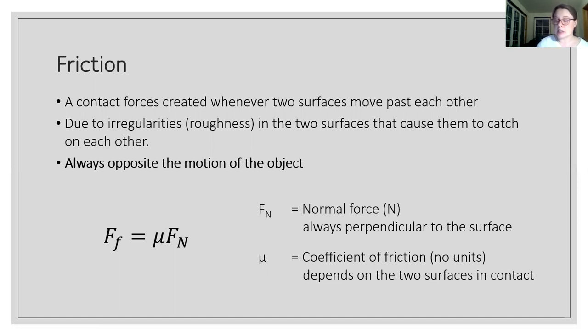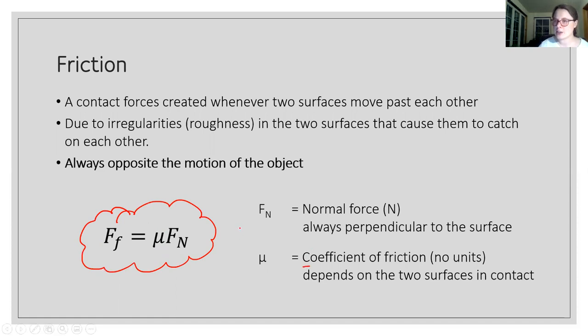Now, how do you calculate friction? The formula we're going to use to calculate friction is shown down below. We say F_F, force of friction, it's just a way of labeling what that force is to keep organized, is equal to this funny little U shape called mu. It's a Greek letter, and it is the coefficient of friction.